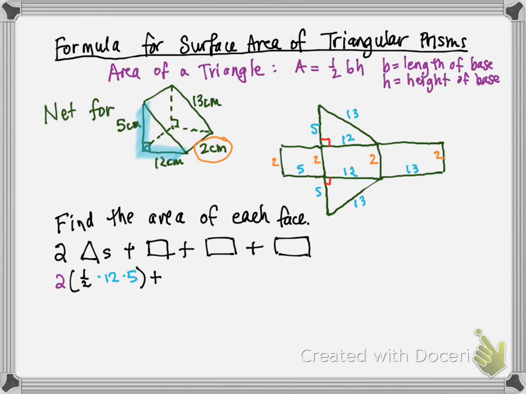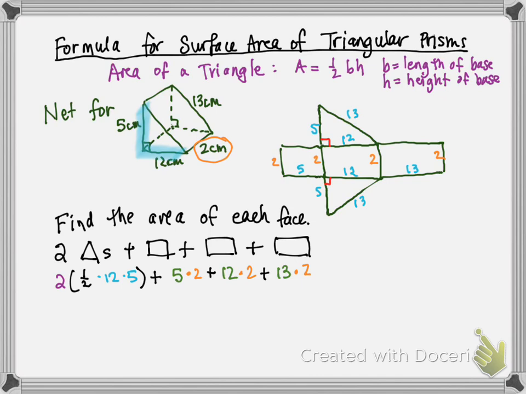So I'm going to have a 5 times 2, a 12 times 2, and a 13 times 2. So each of the dimensions of the triangle is going to be multiplied by the height of the prism to figure out the areas of those rectangles.